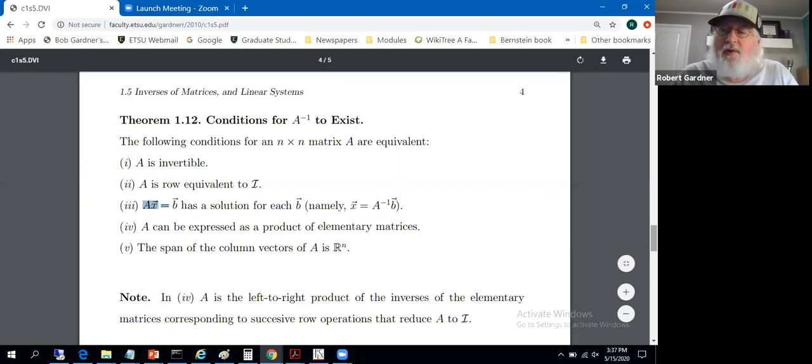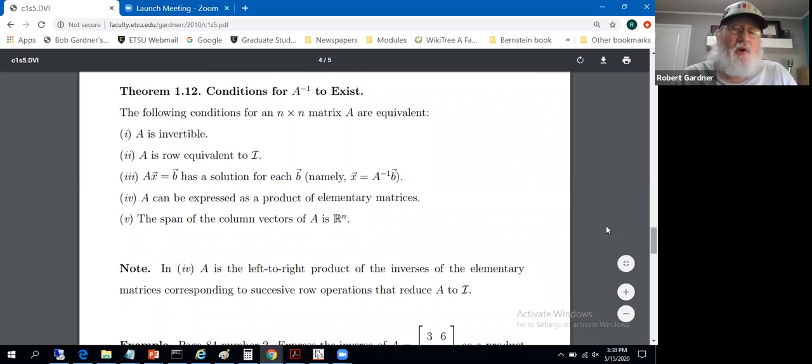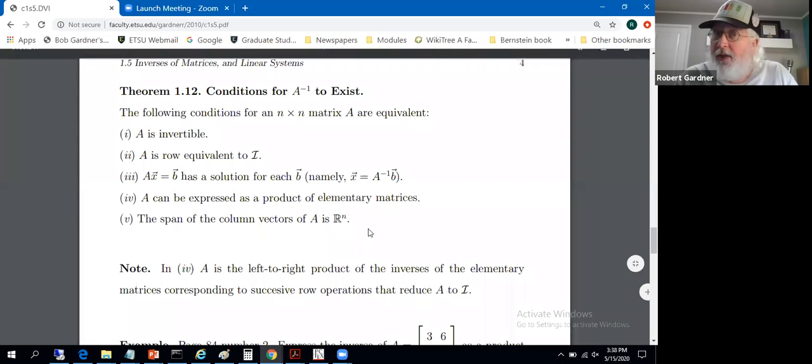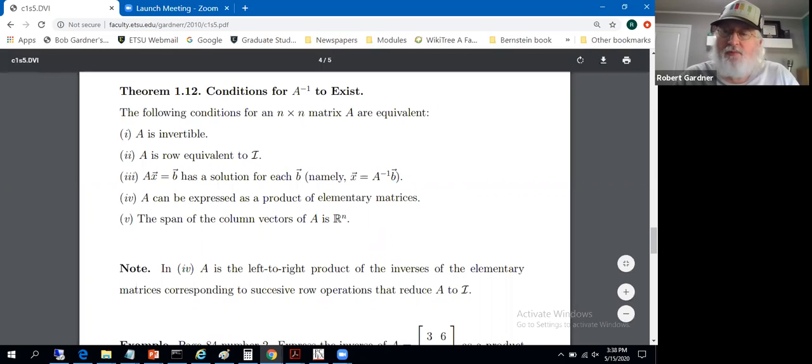So there's some conditions on the invertibility of a matrix. A is invertible if and only if any one of these 2 through 5 things hold. We're not done. We'll add to that list over the remainder of the course and give additional things that are equivalent to a square matrix A being invertible.